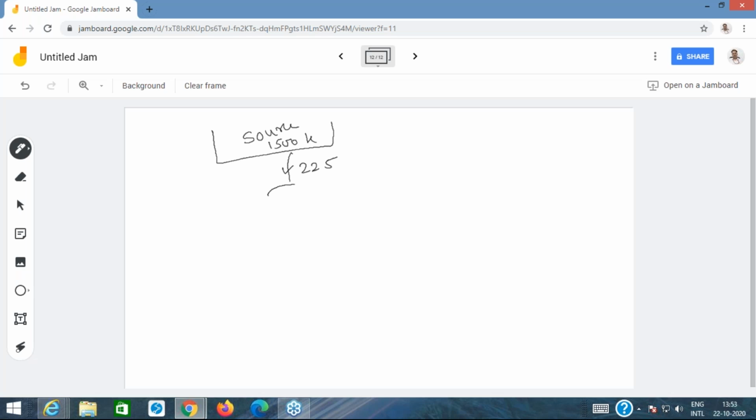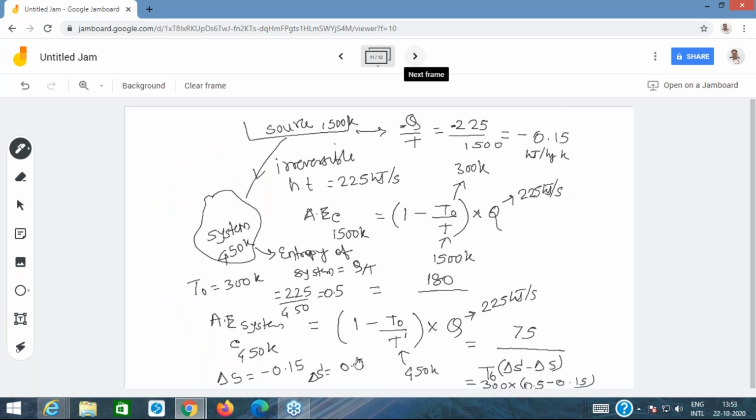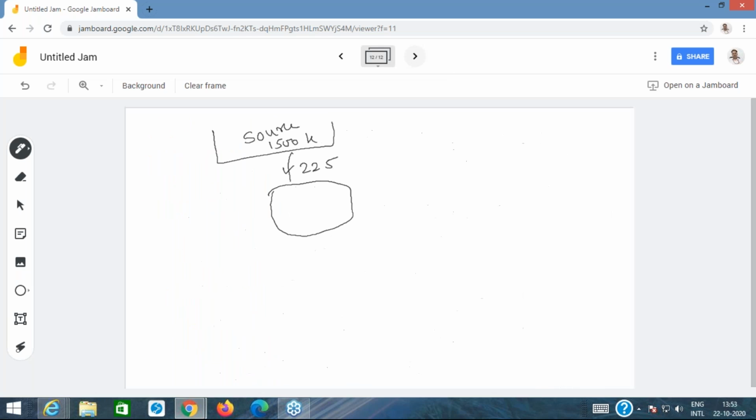And instead of the system being, what was the temperature? The system was at, sorry, 450. So instead of the system being at 450, you can take the system at 1000 Kelvin and calculate the exergy of the source, the exergy of the system, and the decrease in exergy, that is the decrease in unavailable energy.